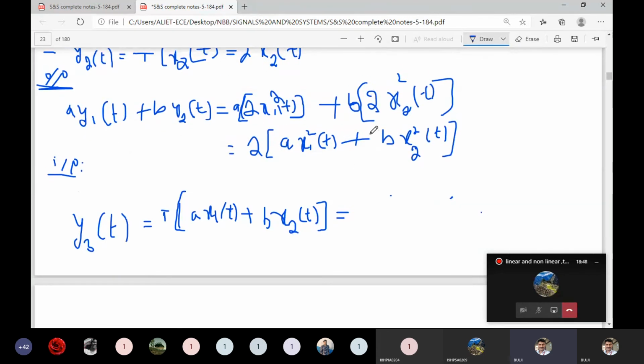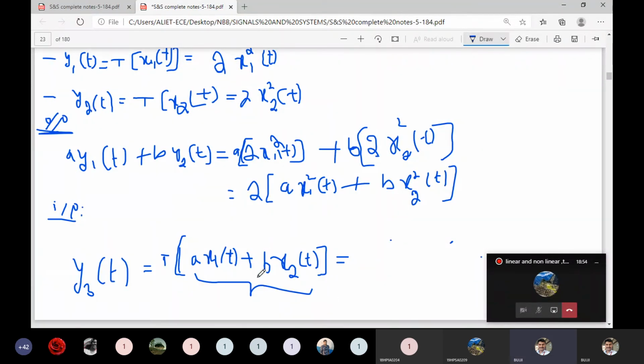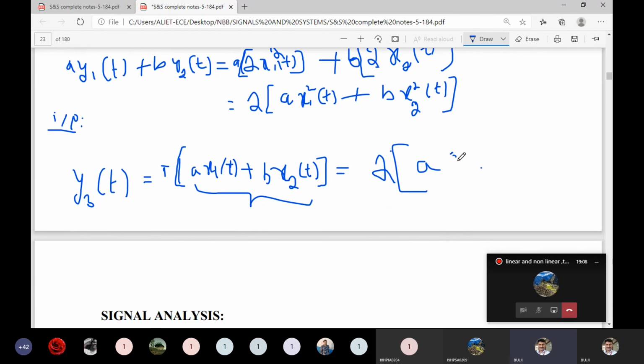For that, I assume that the entire thing is a function x of t. Then 2 times that one I have to write, the square comes: a into x1 of t plus b into x2 of t.